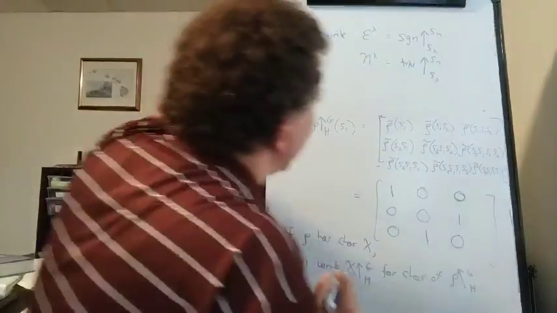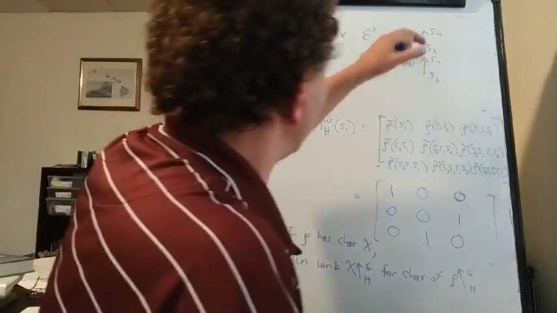So these are just shorthand names, so we don't have to write all of the arrows in two different groups every time.